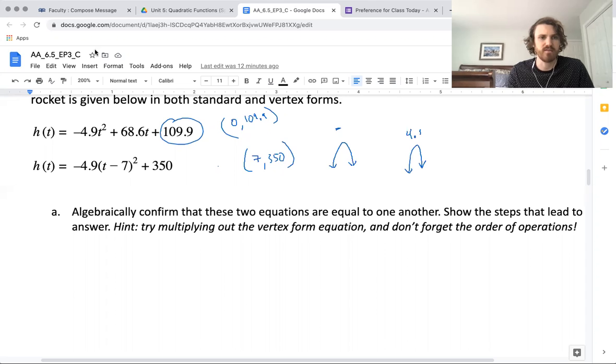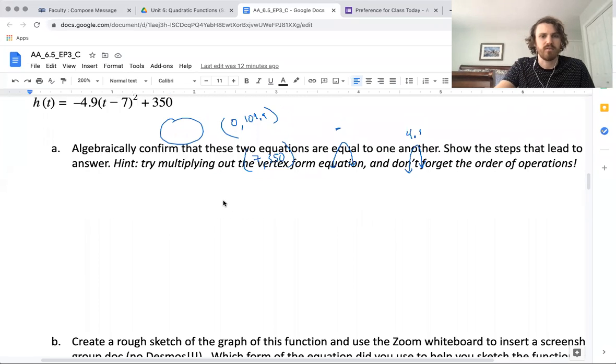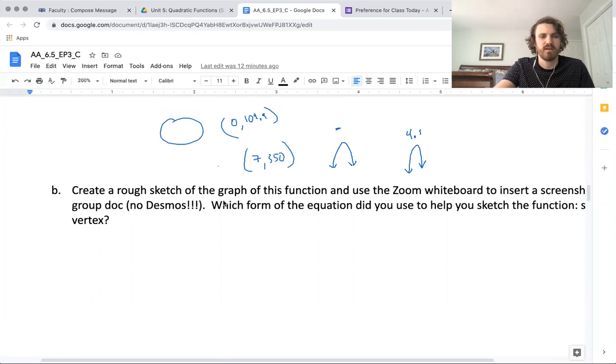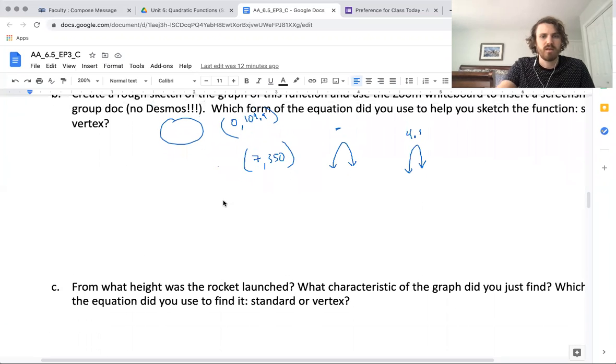So I'm actually going to leave that on there and then scroll down so I can still see that stuff. And so if I create a rough sketch of this, it should look something like this. Let's say (7, 350). Here's 7. Vertex is up here. The thing opens down. It crosses at, I don't know, let's say that 110 is around here.